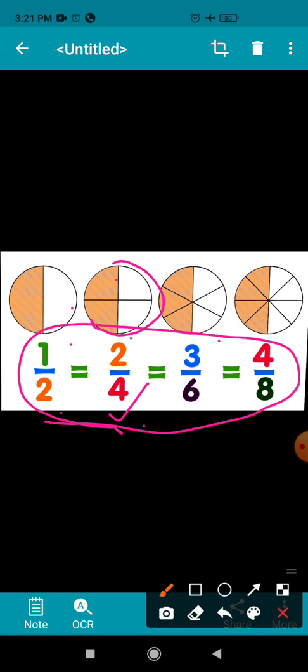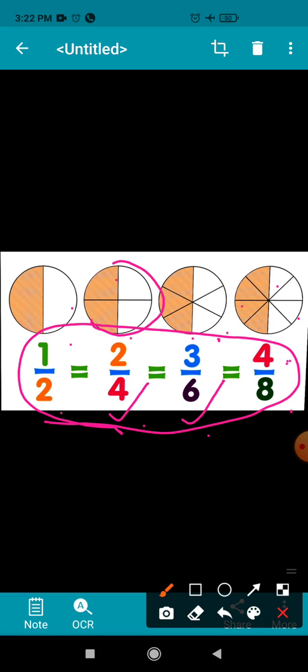In third figure, the figure is divided in 6 equal parts, and out of 6 you can see 3 parts are colored, so the fraction is 3 by 6. And in fourth figure, the figure is divided in 8 equal parts, and out of 8 equal parts 4 parts are colored, so the fraction is 4 by 8.